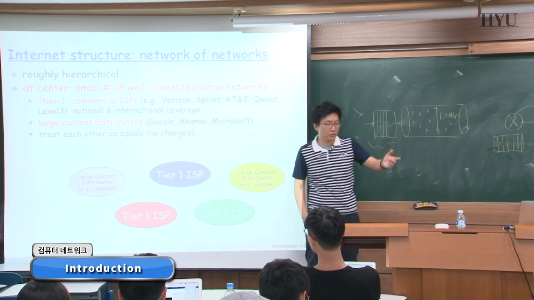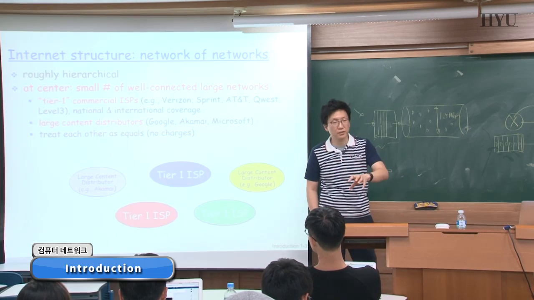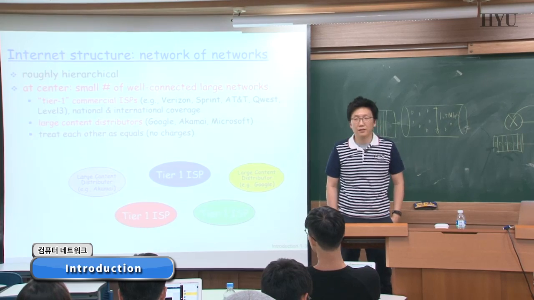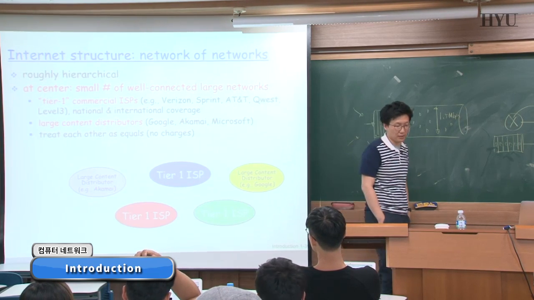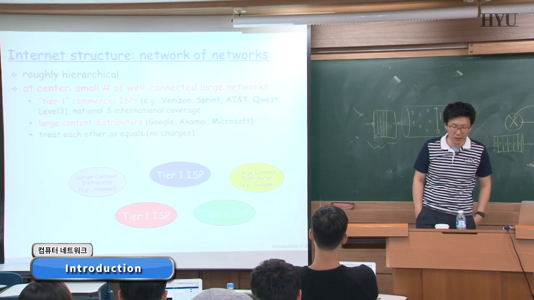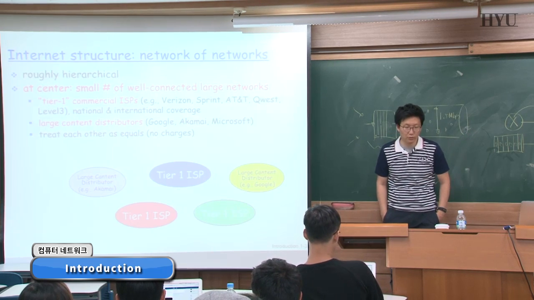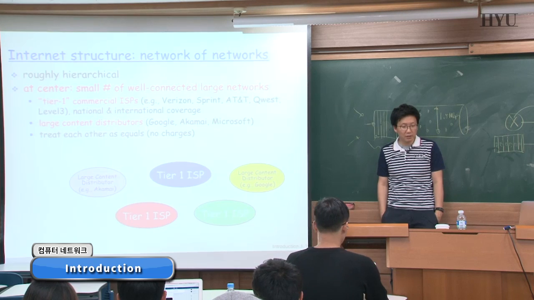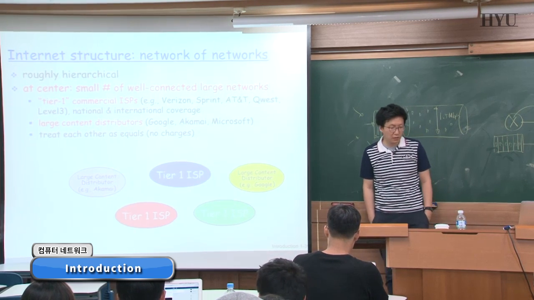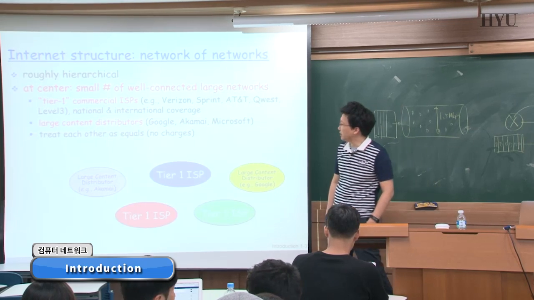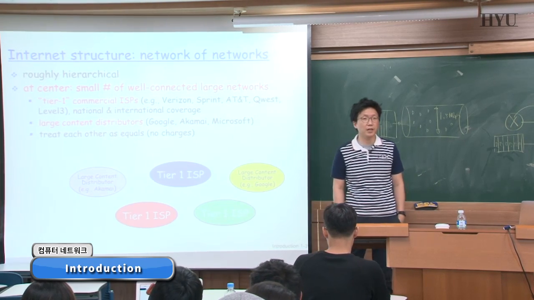They do national and continent-to-continent connections, so they're selling the network to nations and bigger regions. And there are large content distributors like Google and Akamai. Akamai is the biggest CDN, content delivery network provider. Microsoft also does it, but I believe Microsoft uses lots of the Akamai network.